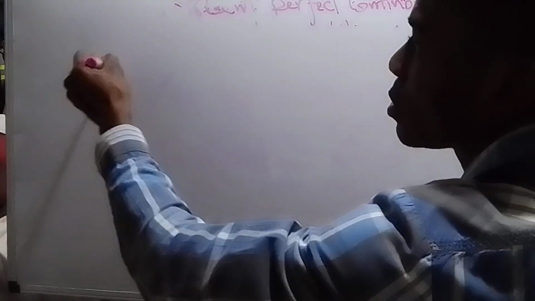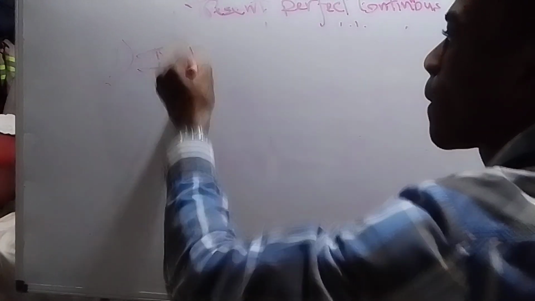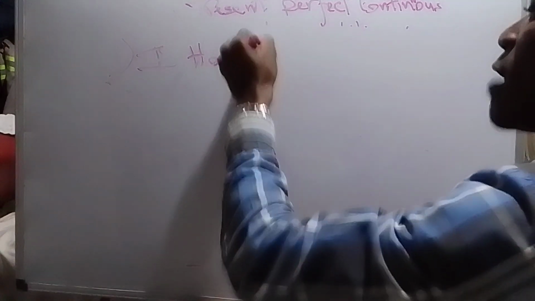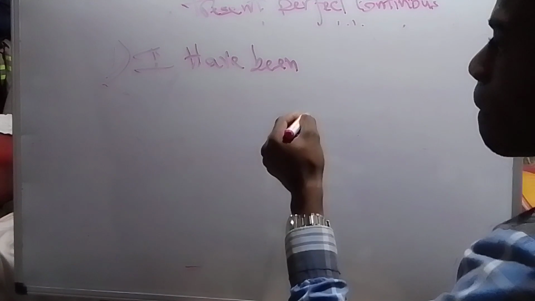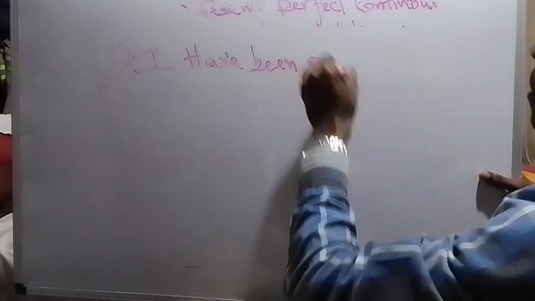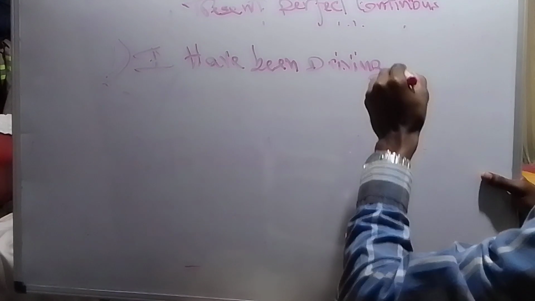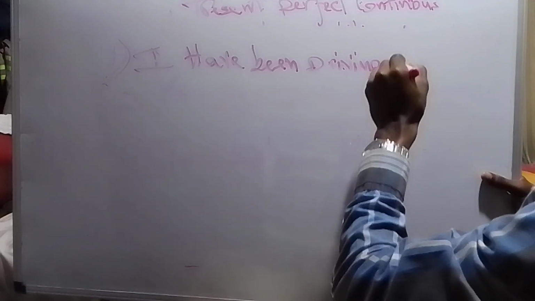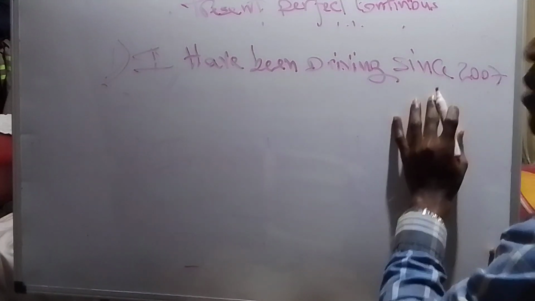The first example we're going to take here for the present perfect continuous is: I have been driving since 2007.